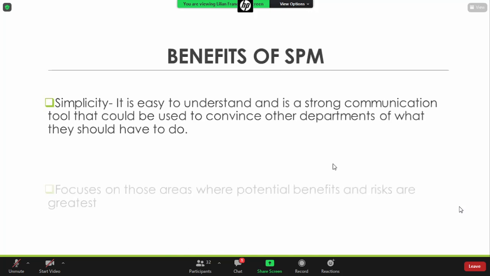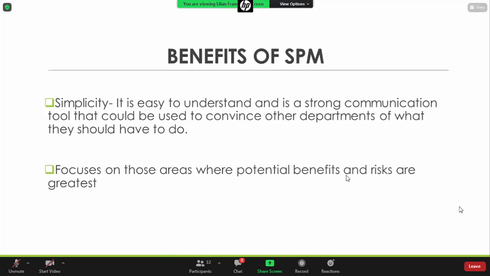Next is the benefits of supply positioning model. The first one is simplicity. It is easy to understand and is a strong communication tool that could be used to convince other departments what they should have to do. Ibig sabihin, once na apply na yung project to a particular context, mas mapapadali na nitong ma-facilitate yung mapping of the current situation.